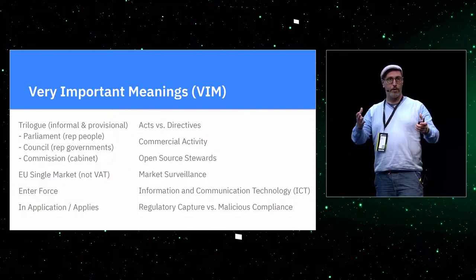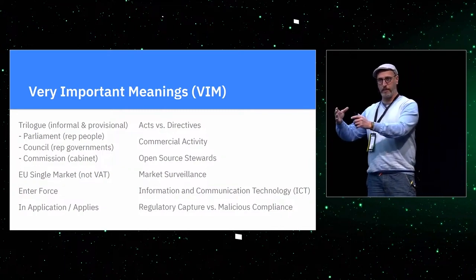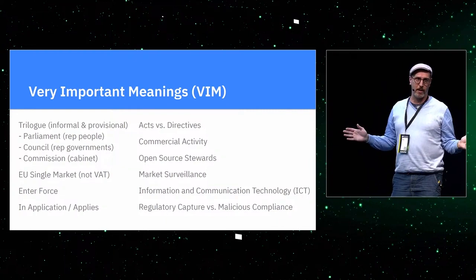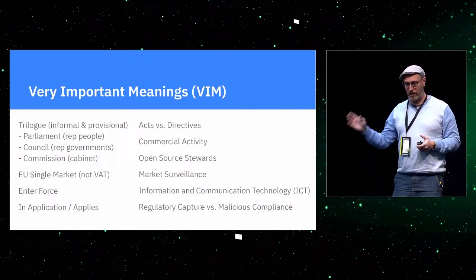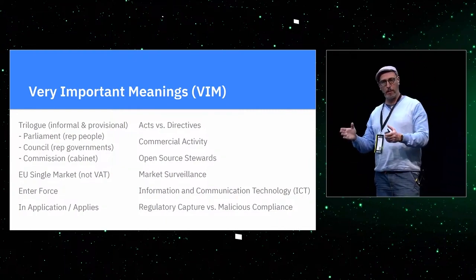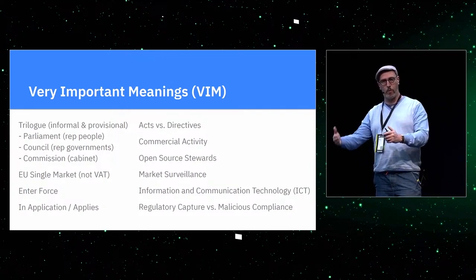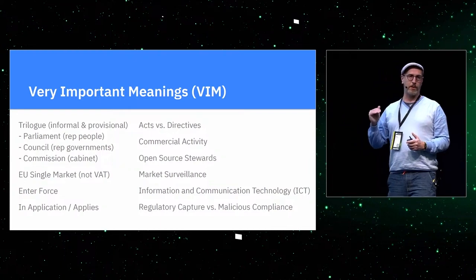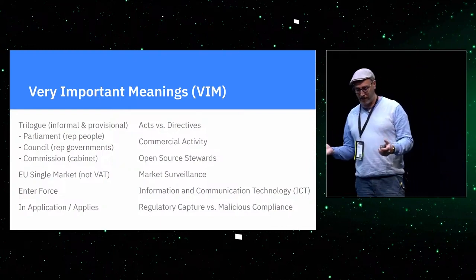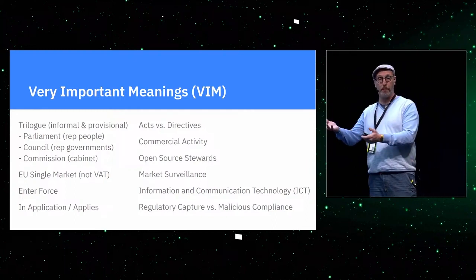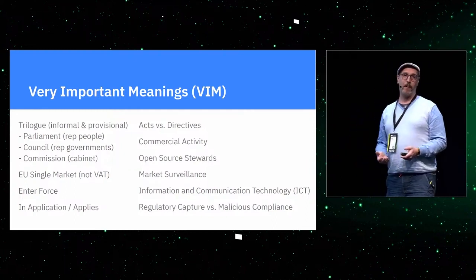You could consider that the Commission is captured by Microsoft. I'm not saying that they are, but malicious compliance is very clear. Malicious compliance is an approach of complying with regulations in a way that ultimately harms the consumer, and that's why we have things like market surveillance, to make sure that the consumers, the users, the people, the most vulnerable are protected.